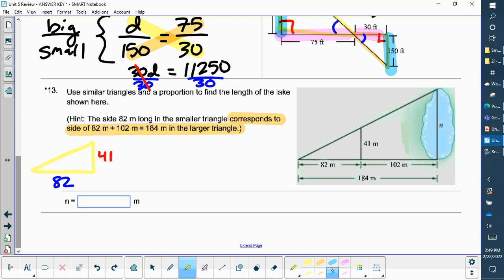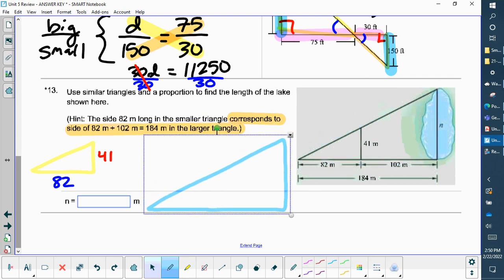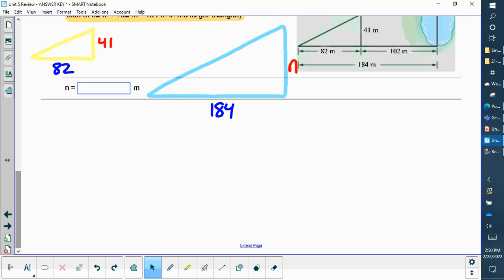I'll highlight this one in blue. Big triangle. And I pull it off, and I get 184 for my horizontal side, and I get N here for my vertical side. Now I can set up a proportion.